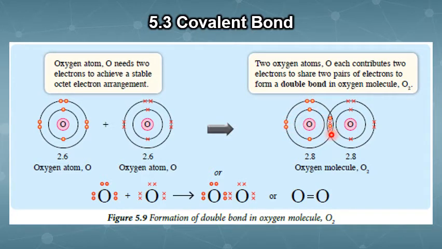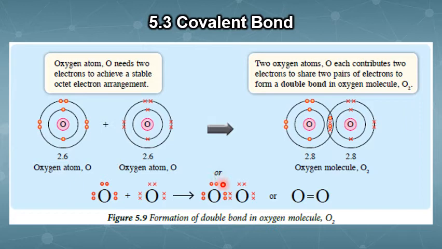You look properly, the 2 electrons each share 2 pairs of electrons. So now the valence electrons for both oxygen atoms becomes 8. So 8 is stable octet electron arrangement.